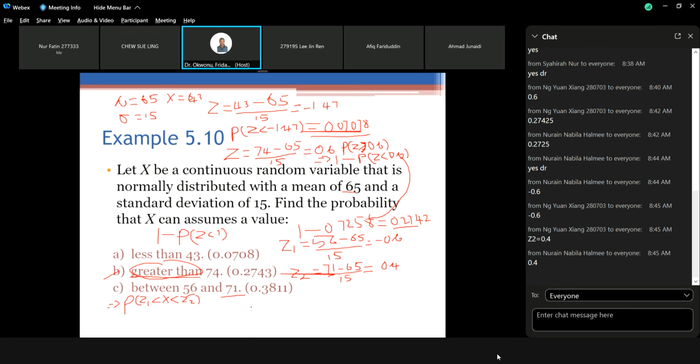So individually, we can now write the probability Z1, Z2 less than 0.4 minus probability of Z1 less than minus 0.6.